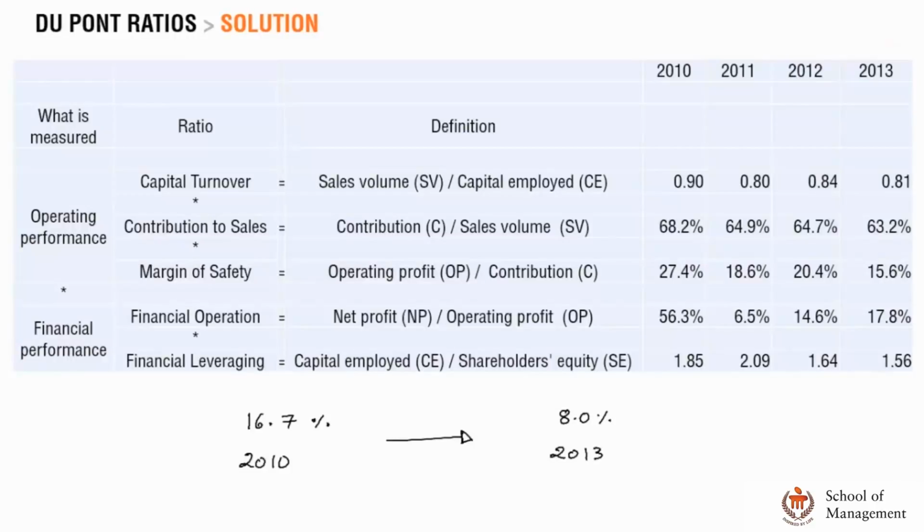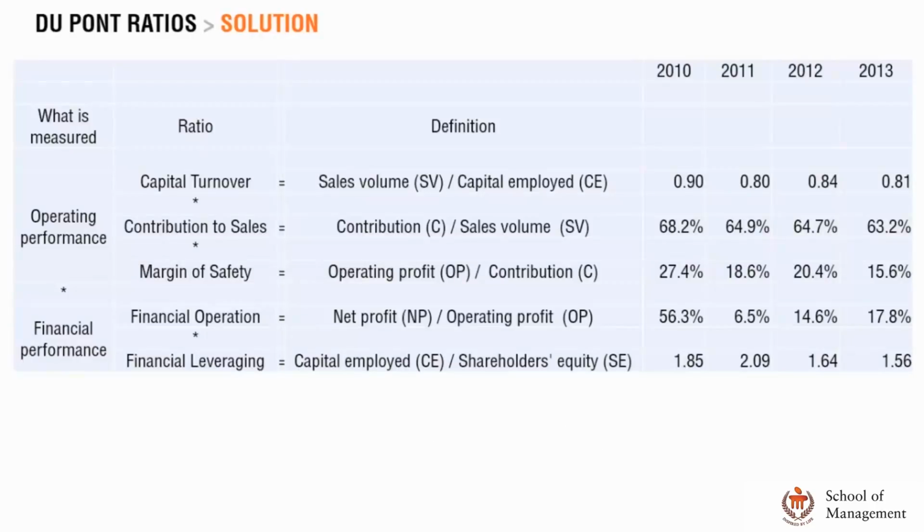What we are seeing here from the financials of Hotel and Allied Trades is that the company has been able to generate an operating profit of only 8 rupees per 100 rupees of capital employed in 2013 compared to more than double this number of 16.7 rupees per 100 rupees in the year 2010. So operations wise, we can say that Hotel and Allied Trades have not been very successful during this period.